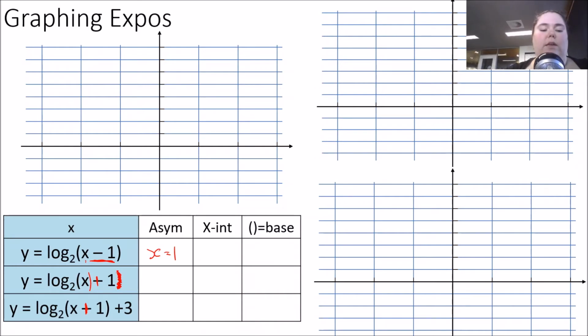Down here, x is the only bit in the bracket, so what value of x makes that 0? 0. What value of x makes that bottom bracket 0? x equals negative 1. So there you go. I have asymptotes for all of those graphs now. And that's where we start any log or exponential graph, with our asymptote.